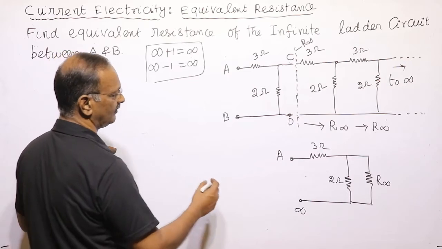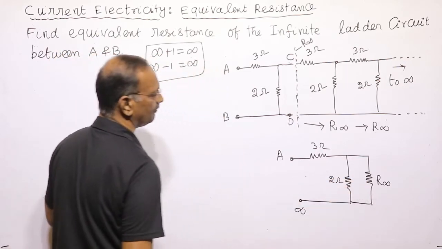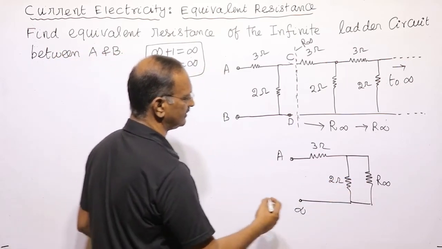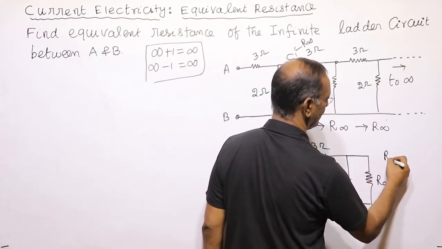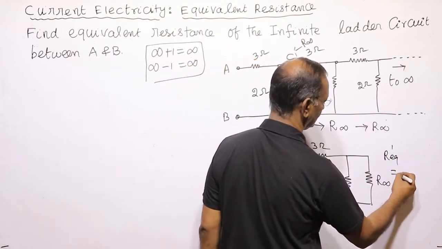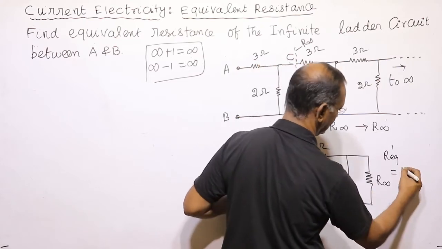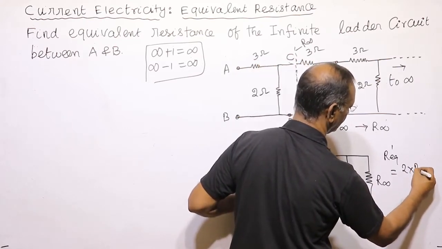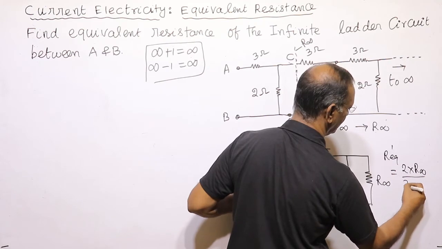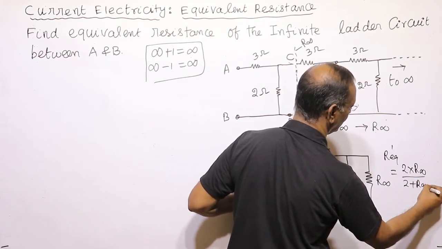What is R infinite now? This 2 ohm and R infinite are parallel. So R equivalent dash is equal to 2 into R infinity divided by 2 plus R infinite.